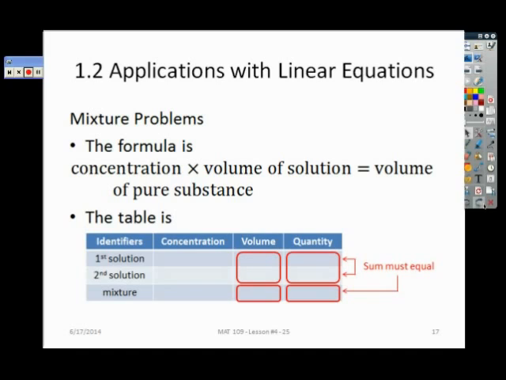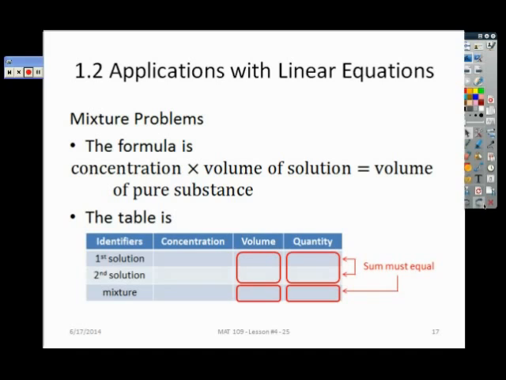When you're working with mixtures, you need 3 rows because you're always going to be mixing 2 things and winding up with a third. And you need to identify all 3 of them. So you're always going to have the 2 things that you're mixing together, and you're going to have what you wind up with, the mixture. So first solution, second solution, mixture. Again, the first column is the identifier. Call it anything you want, whatever will make it clear.